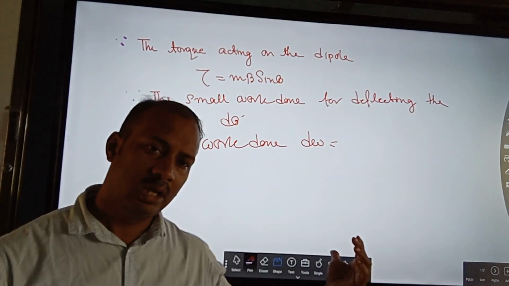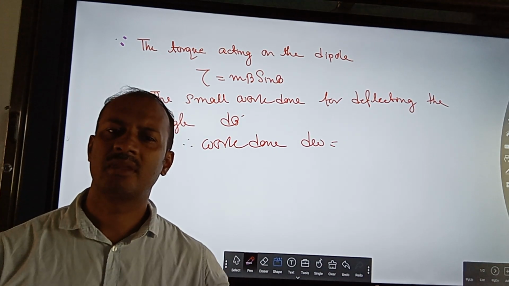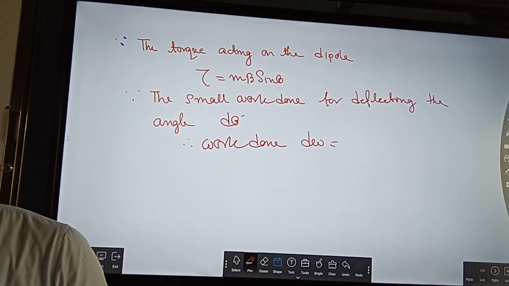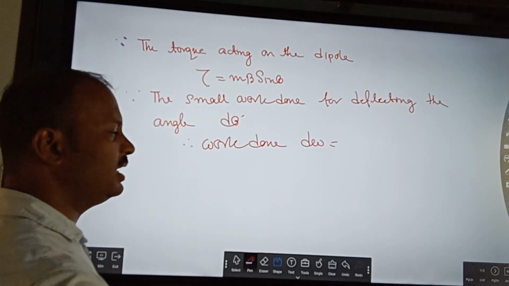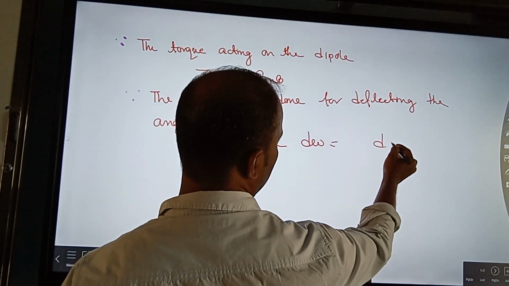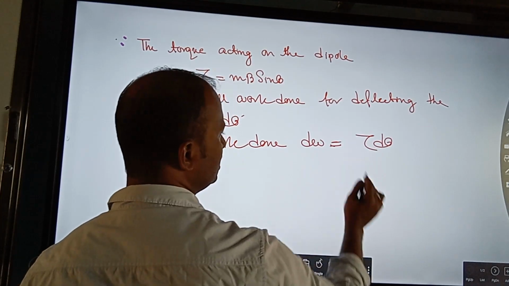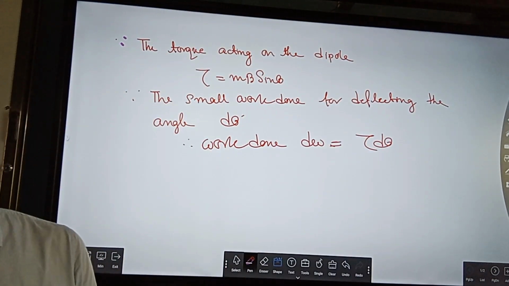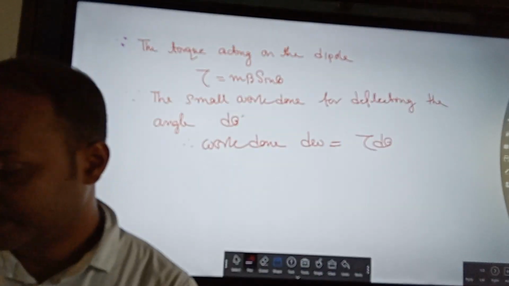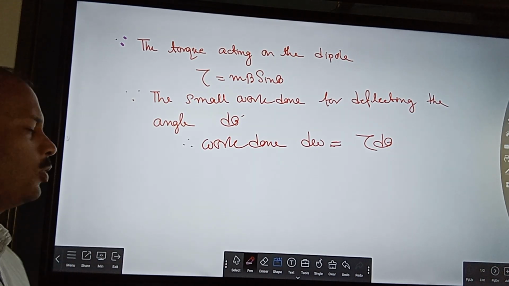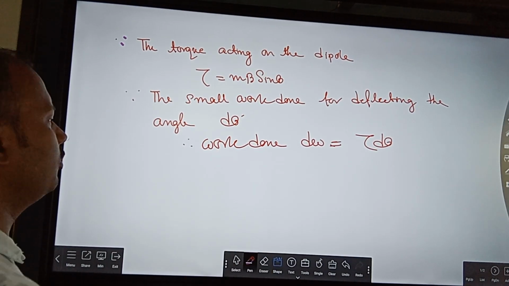Work done means force into displacement. So displacement is what? This is tau d theta. So in this equation the work done is dW is equal to tau into d theta. So from this we can write the total work done.